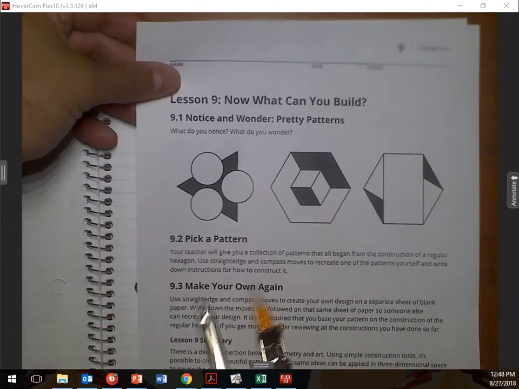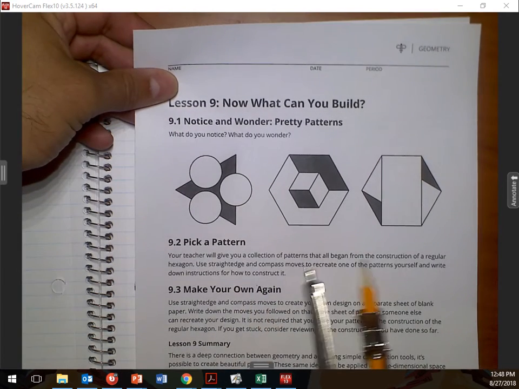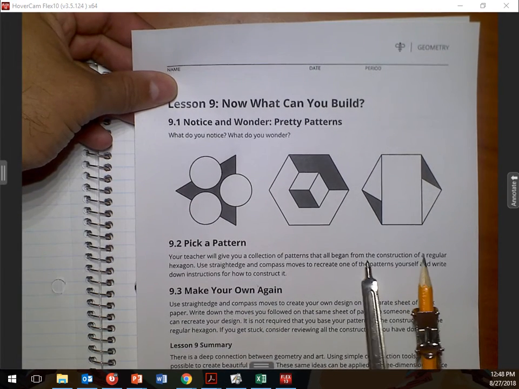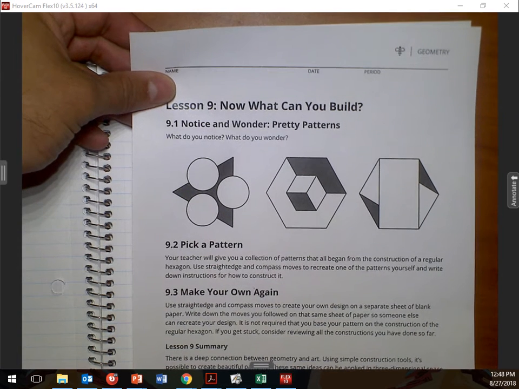All right, on this one right here, I'm going to start this off. A lot of people are having trouble with this. Start by making a hexagon because it says right here, patterns that began from the construction of a regular hexagon.